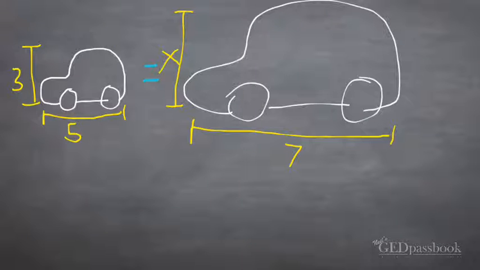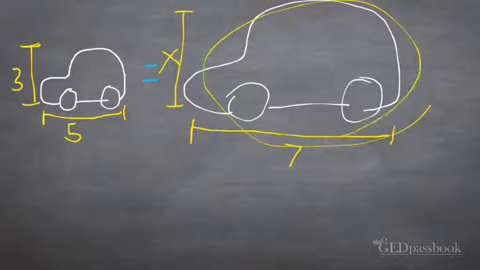Then once the engineer is done with the miniature scale model, he or she measures the height of it, and they realize it's 3 inches high and it's 5 inches long, right? They take it to the car company. The car company approves it to make the actual design of the car for the next year's model. So they design it and they make the actual car, and it's this one right there.